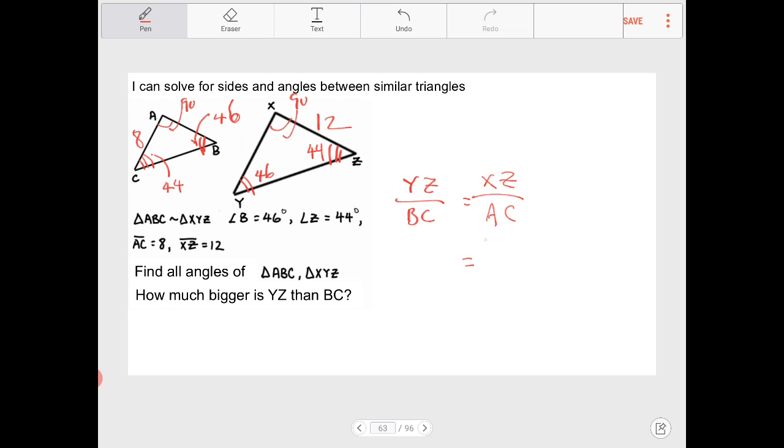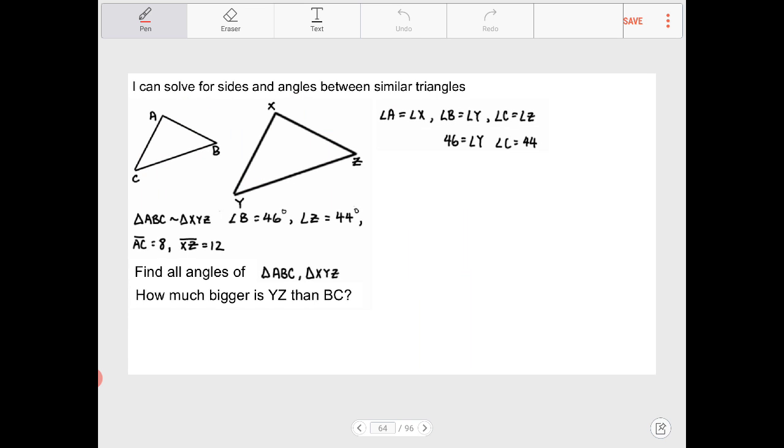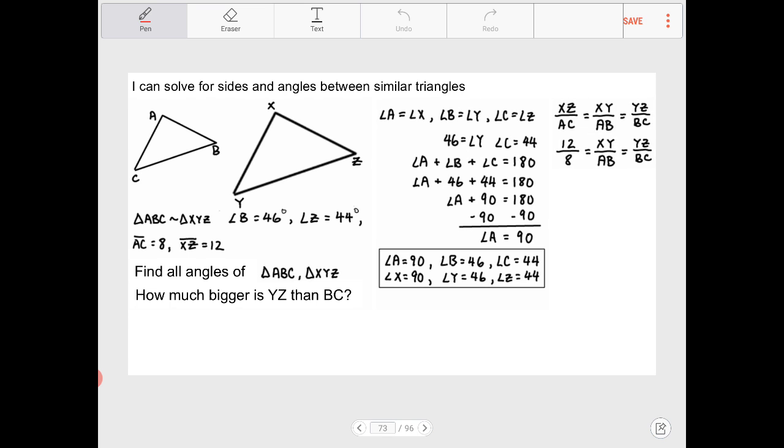So therefore, this is going to be 12 over 8, or really, 3 halves. It's going to be 1.5 times bigger. YZ will be 1.5 times larger than BC. So again, YZ will be 3 halves times bigger than BC.